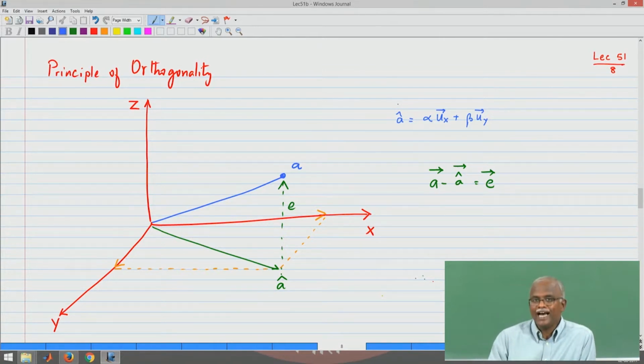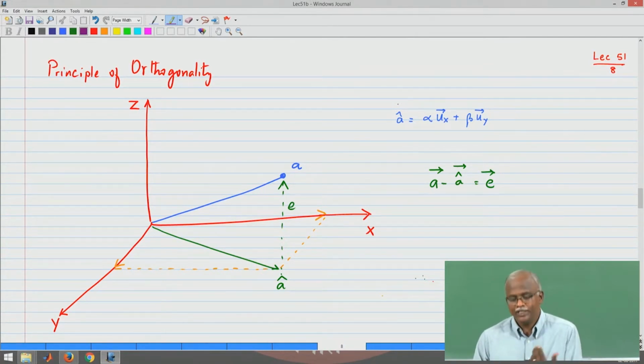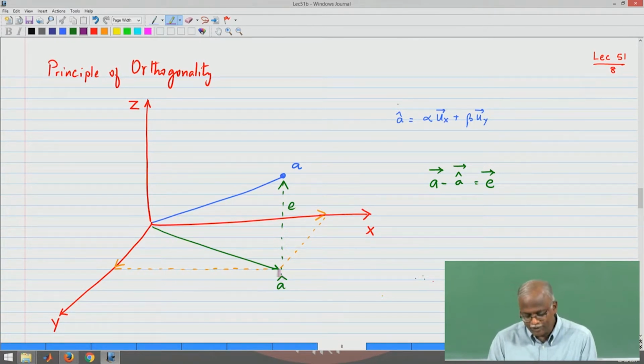So, basically I am trying to find an approximation to this 3-dimensional vector, but in a 2-dimensional space. The question that arises is, which would be the best possible approximation to A in the 2-dimensional space? In the 2-dimensional space I have represented it as A hat.